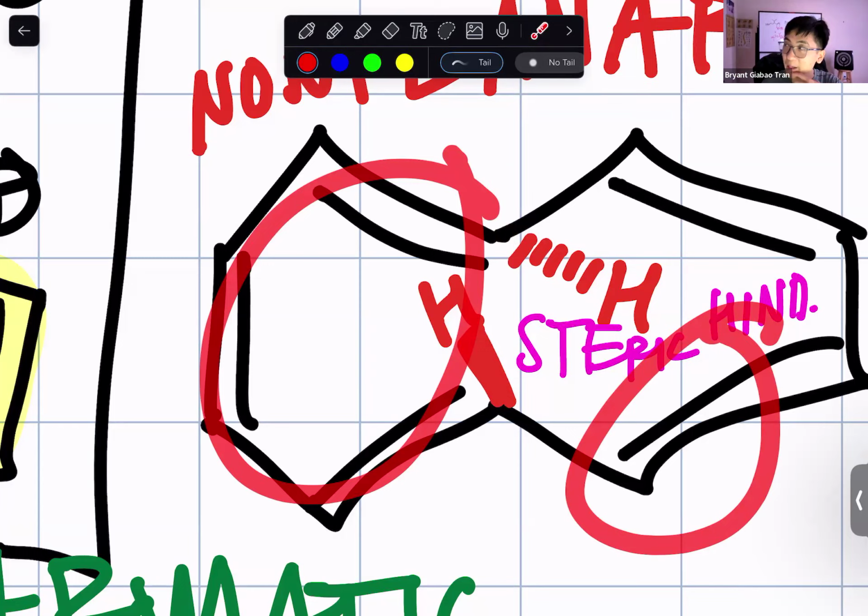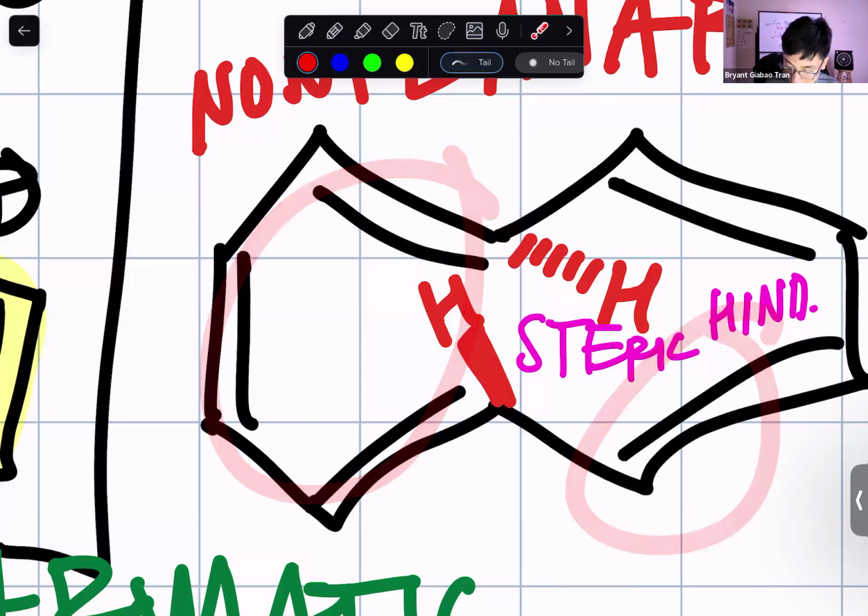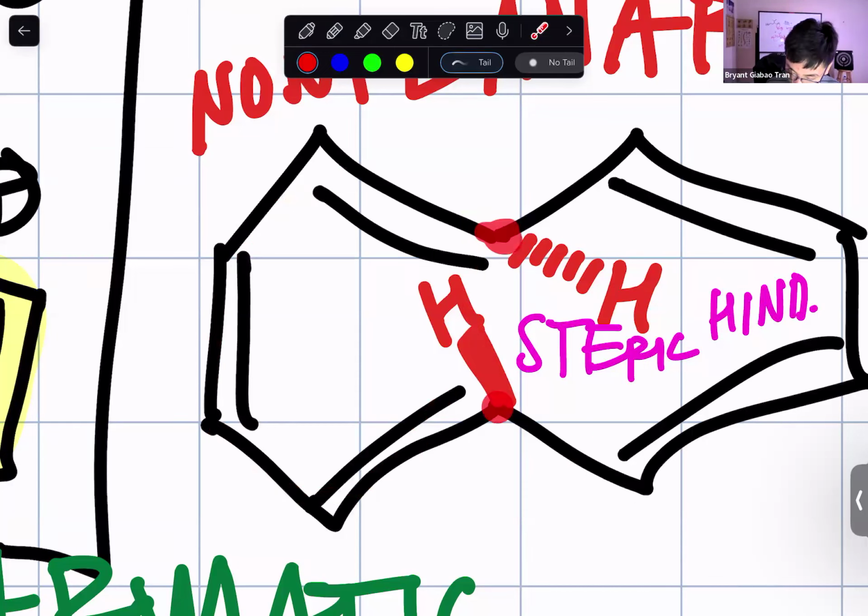In most cases, all sp2 carbons or atoms are flat and planar. In cases like this, where the geometry is weird, then that's when this sp2 carbon is not flat and planar.